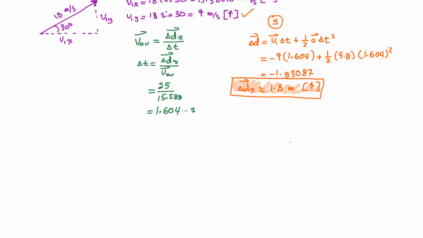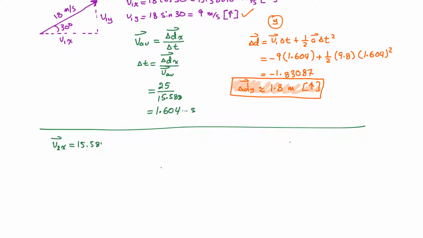I'll still write in green because that's information from the x direction. Put a line through here. v2x is equal to 15.58846 meters per second in the right direction.